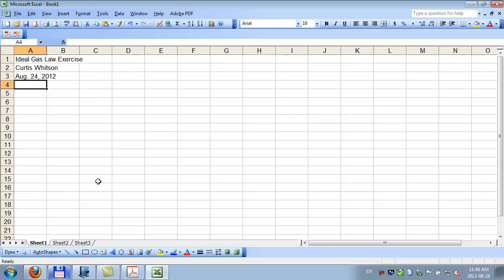Okay. And then I've got the ideal gas law. What I'm going to plot is on the x-axis pressure and on the y-axis volume. Okay? But I'll put it in like this, volume, and we've got units.